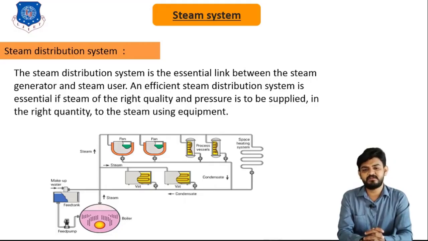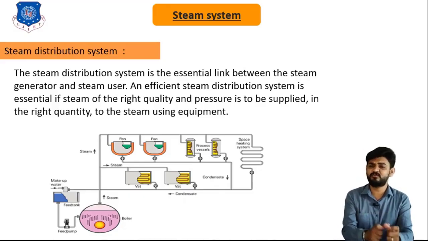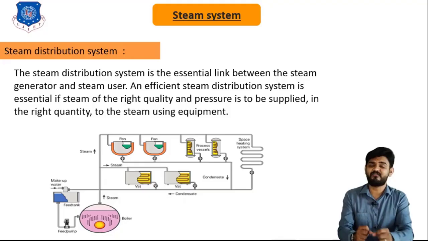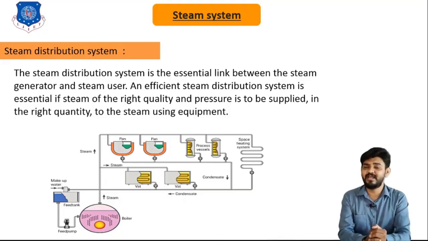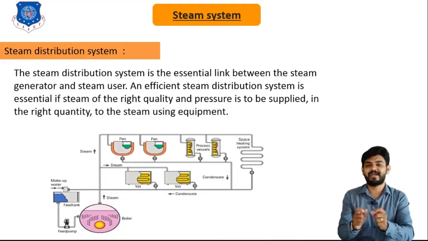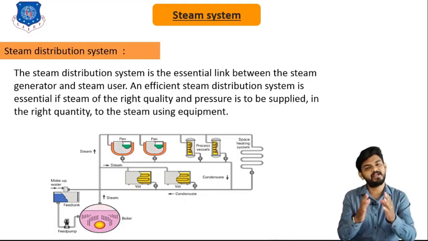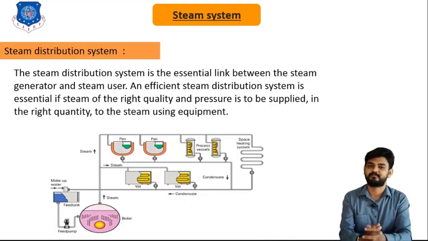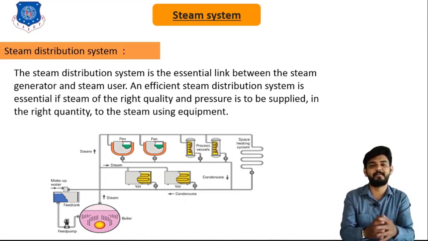An efficient steam distribution system is essential if steam of the right quality and pressure is to be supplied in the right quantity to the steam using equipment. It is essential to deliver the correct quantity and quality of steam at particular temperature or pressure to its application point or necessary equipment.